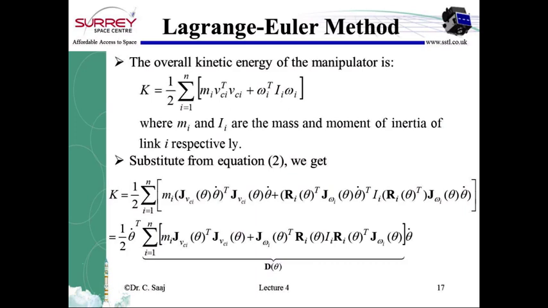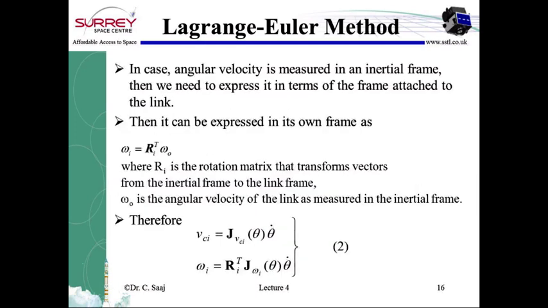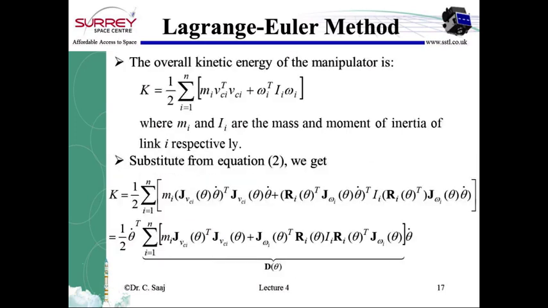Next, I'm substituting the expression for the linear velocity and the angular velocity for the ith link from equation 2 into the expression for the total kinetic energy. When you do the substitution carefully, you will see that you have a term J theta dot transpose.